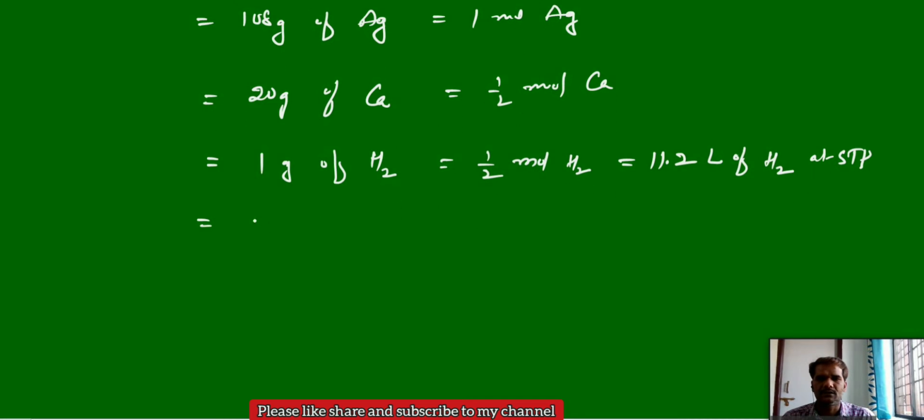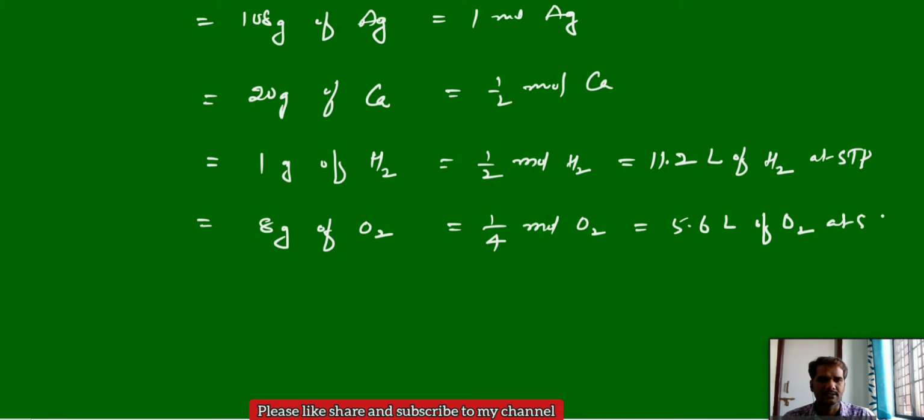And with respect to oxygen, 1 Faraday is equal to 8 grams of oxygen, or 1 by 4th mole of oxygen, or that is equal to 5.6 liters of oxygen at STP.